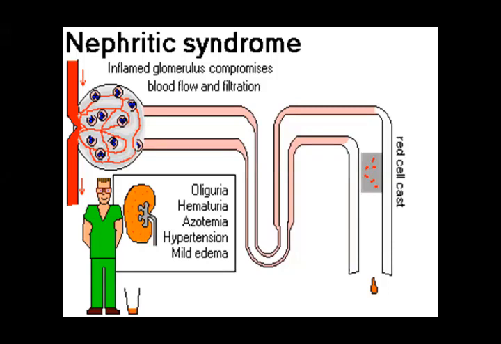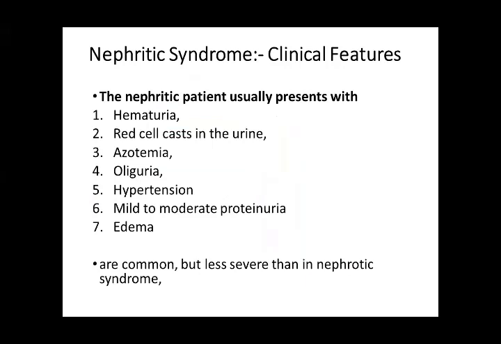Any patient suffering from a brain injury or an unconscious patient is catheterized, and we measure the urine output to find out if there is oliguria, anuria, or polyuria, right? The first thing we find out is the renal function.